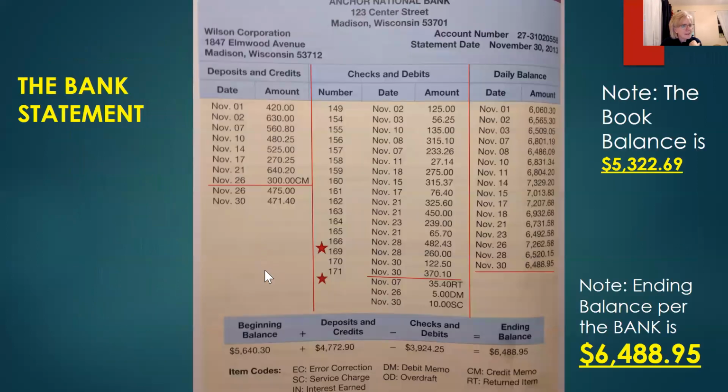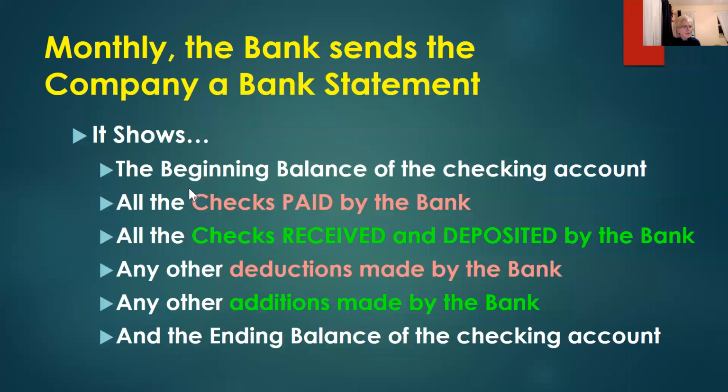So here's the bank statement, and it's going to show the beginning balance, all the checks paid by the bank. So what does that mean? That means we mailed a check to our supplier and the supplier deposited it in the bank and it got deducted from our account and increased into the supplier's account.